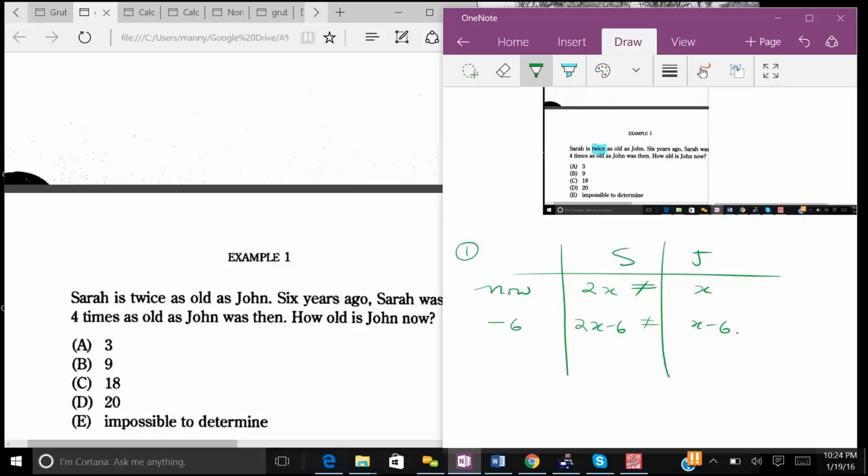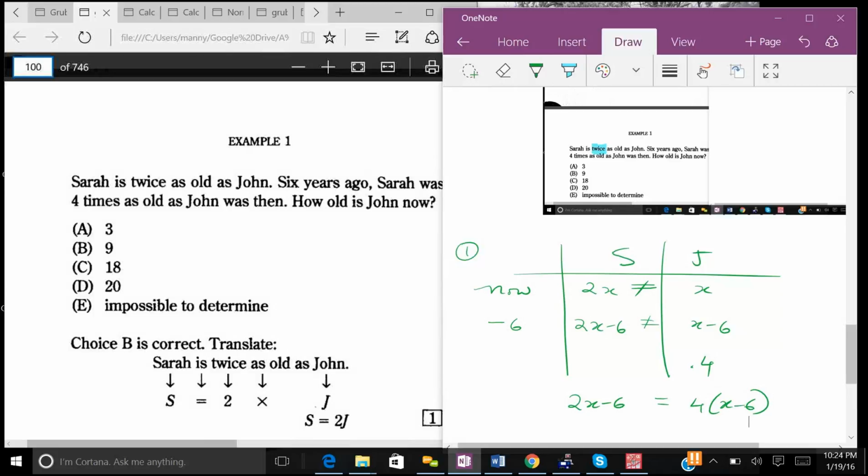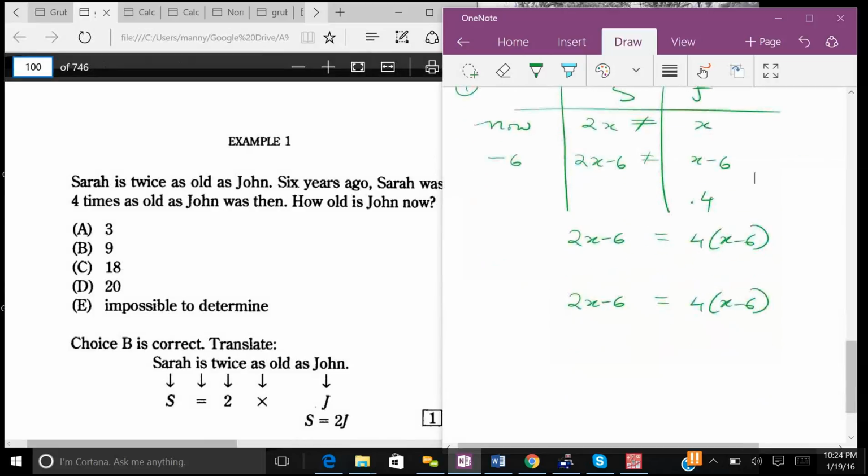It's very important to make it equal. So to make it equal, like that problem I showed you, you need to multiply John by 4. Now you'll have an equation. Does it make sense? Mm-hmm. So now you solve for x. Can you solve it now? I'm just going to make sure you do this.